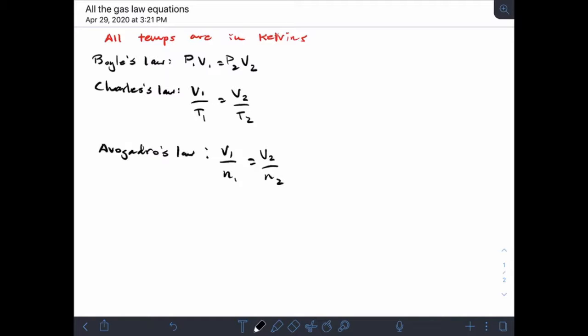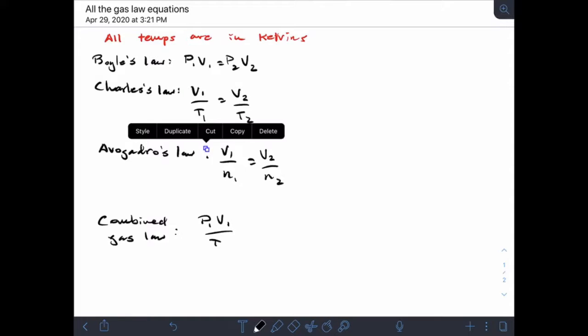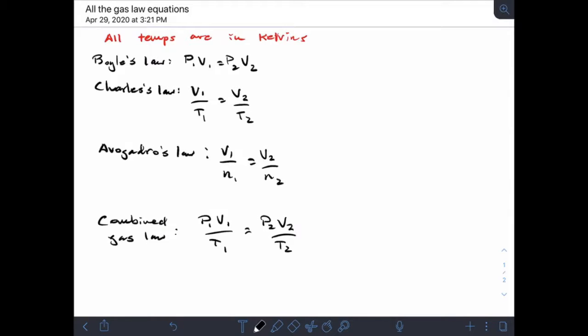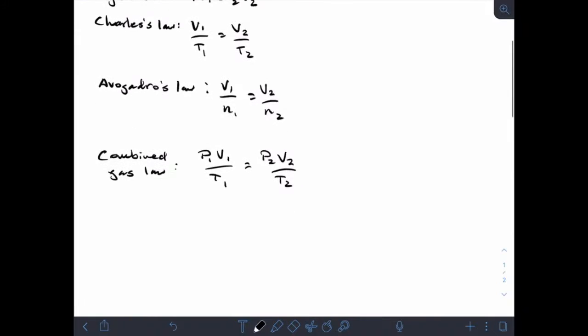Then we have the combined gas law. We're going to put several things together: P1 V1 over T1 equals P2 V2 over T2. So changes in pressure, volume, and temperature. Next, and finally for this type of thing, is the ideal gas law. PV equals nRT, or as some students have called it, PIVNERT.